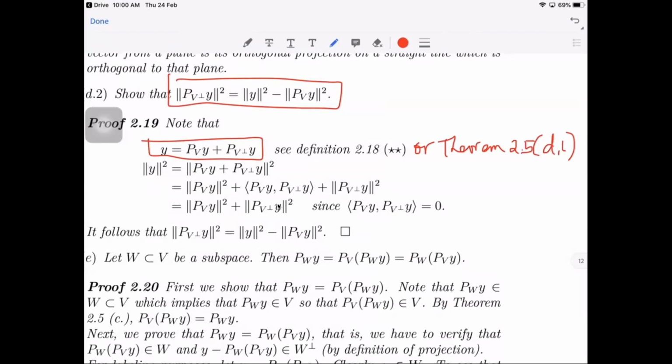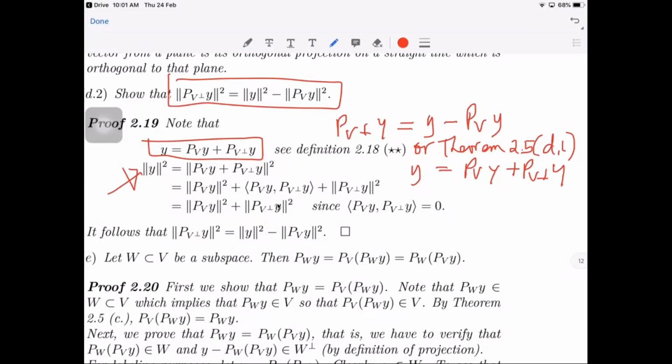We have shown there that the projection of y onto v perp is equal to y minus the projection of y onto v. Rearranging the terms, you have y equal to the projection of y onto v plus the projection of y onto v perp. And then you take the square norm of both sides.